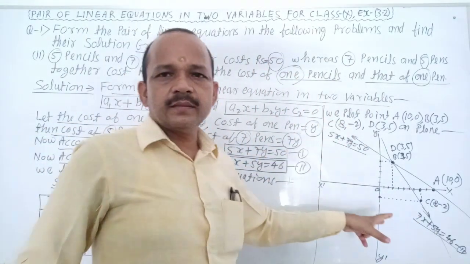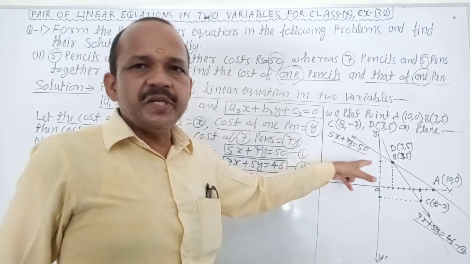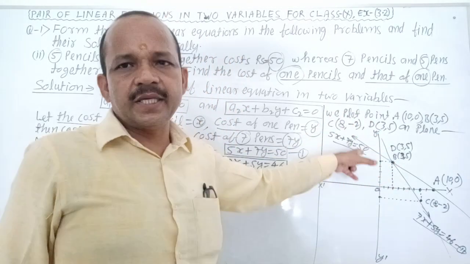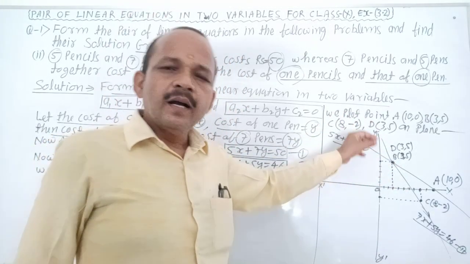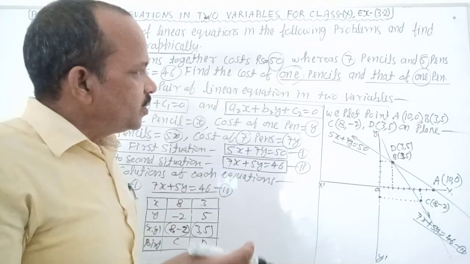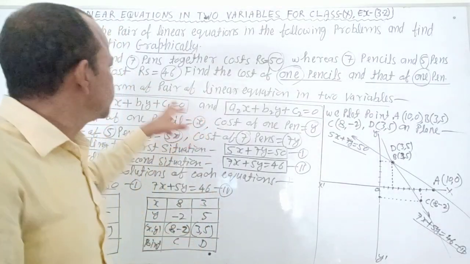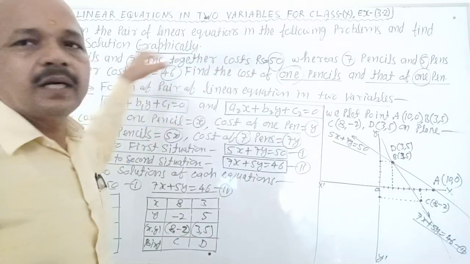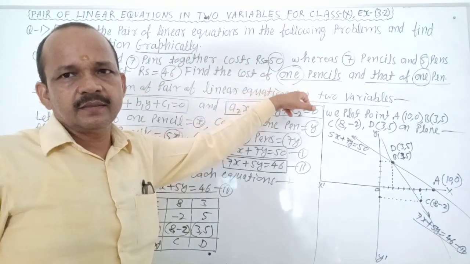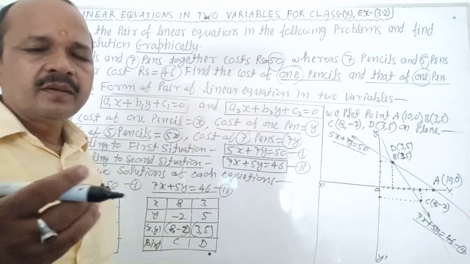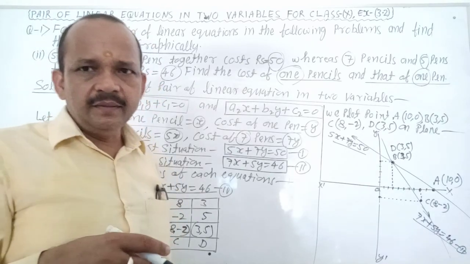Clear? You plot points A, B, C, D on the Cartesian plane and you represent situation first and situation second. You find the algebraic equation.